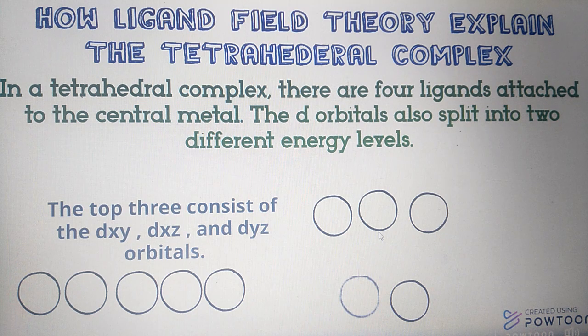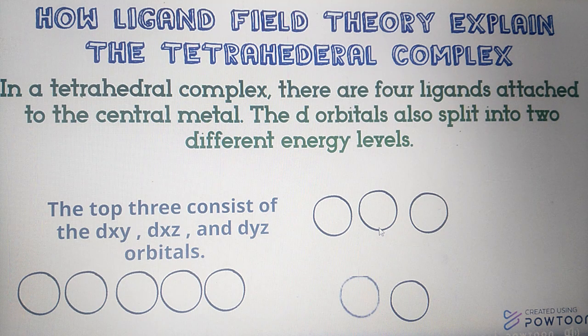Why does the energy of this t2g become high? Consider a cube-like structure in which three axes are present. The lobes of orbitals which are present on the axes are directed toward the face, while the lobes which are present between the axes are directed toward the corner, that is, the ligand approaches toward the corner.